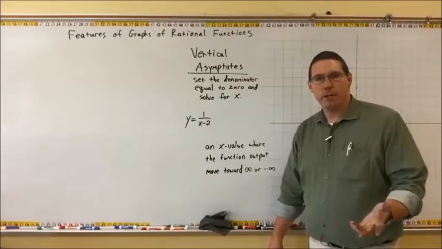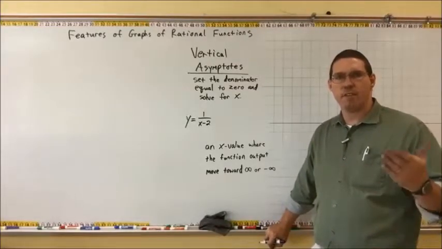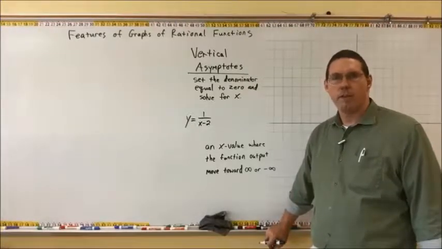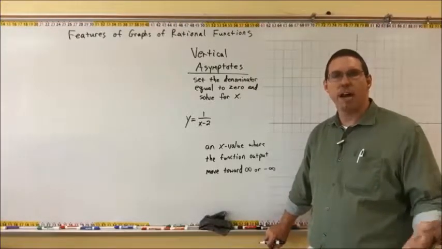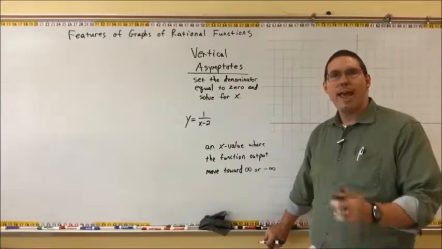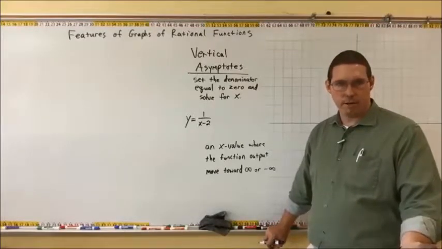Meaning, you start putting numbers in that are close to this number and you start getting numbers like 5 billion and 17 trillion and 943 quadrillion. The numbers are getting gigantic and they're not slowing down. They're getting larger, larger, larger. And then, when you get to the number itself, it's undefined.